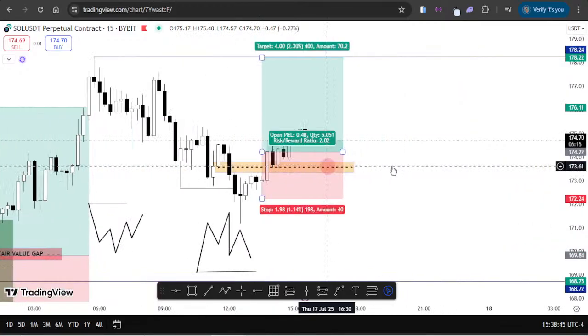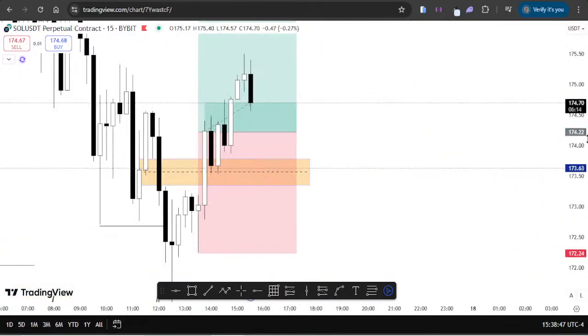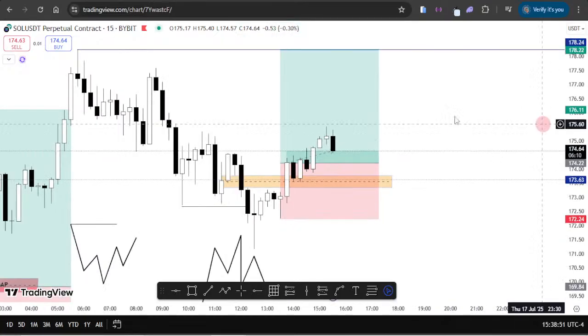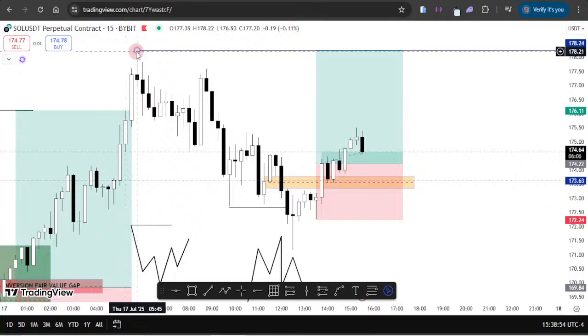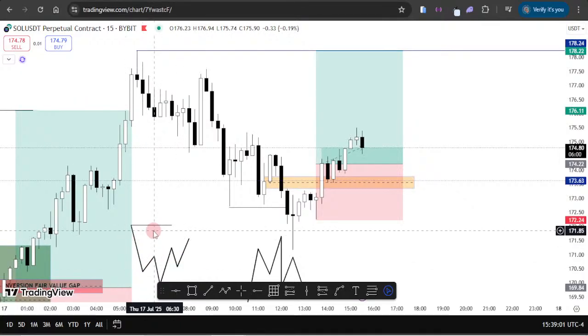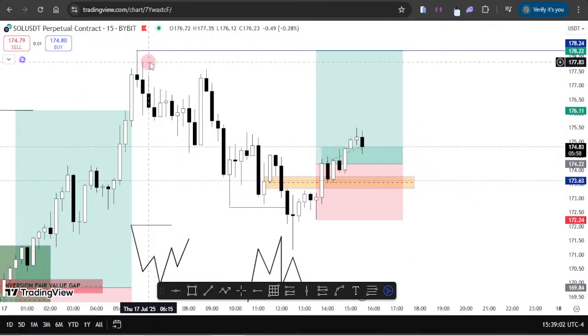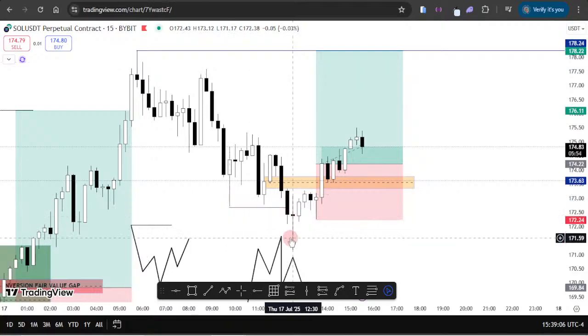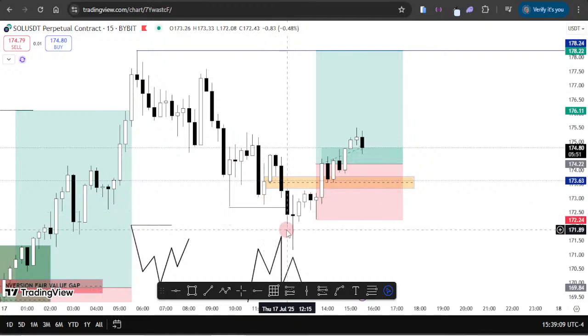So for this position, we also have the same bullish price delivery going on. This high is open. Understand? Look at what's going on here. This high is open. So this low was swept when price dipped into this level.